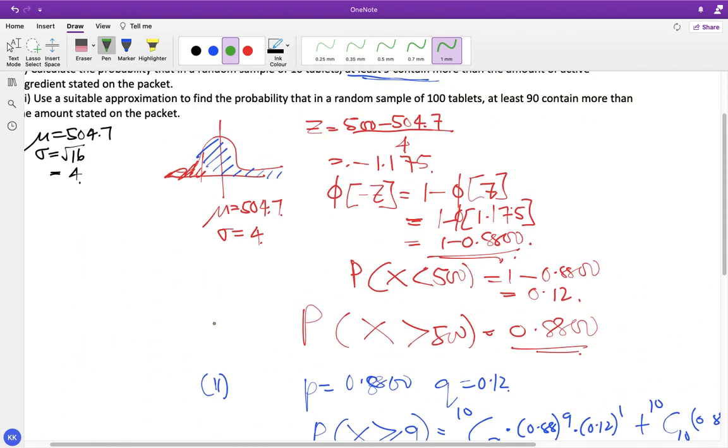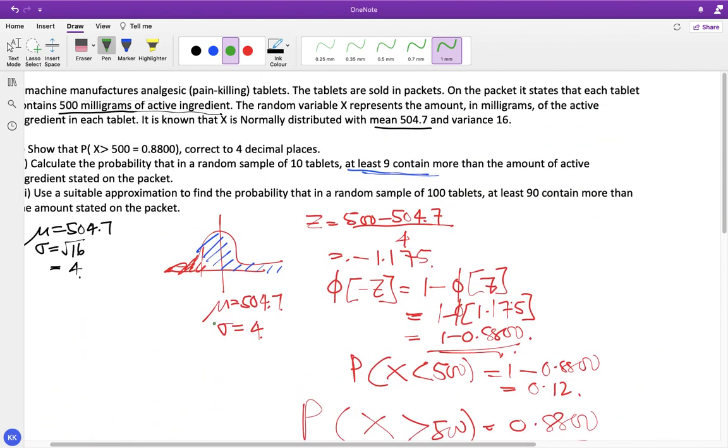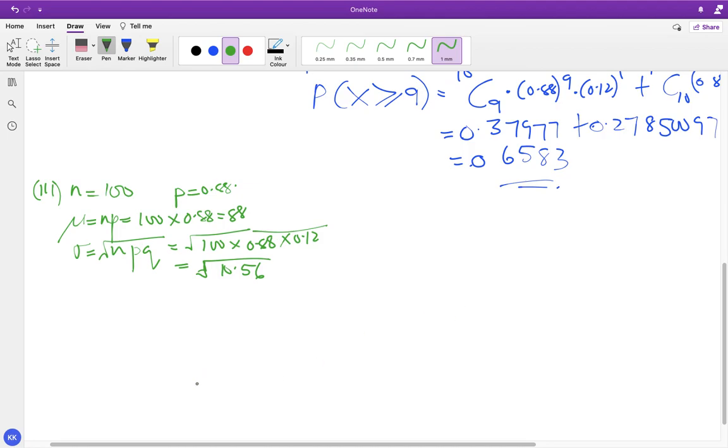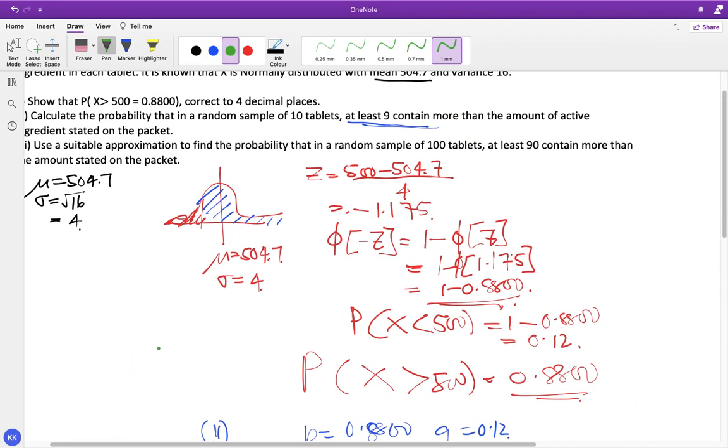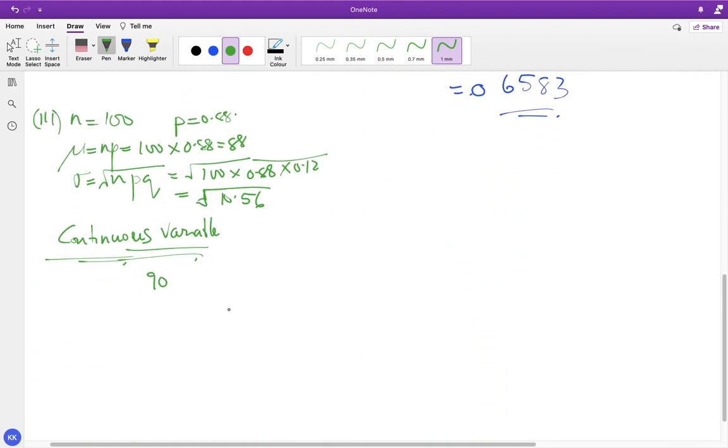The question is to use approximation to find the probability that in a random sample of 100 tablets, at least 90, so we have to find at least 90. This is a continuous variable, a measurable variable, so therefore we have to approximate. They want at least 90, so 90 and more.